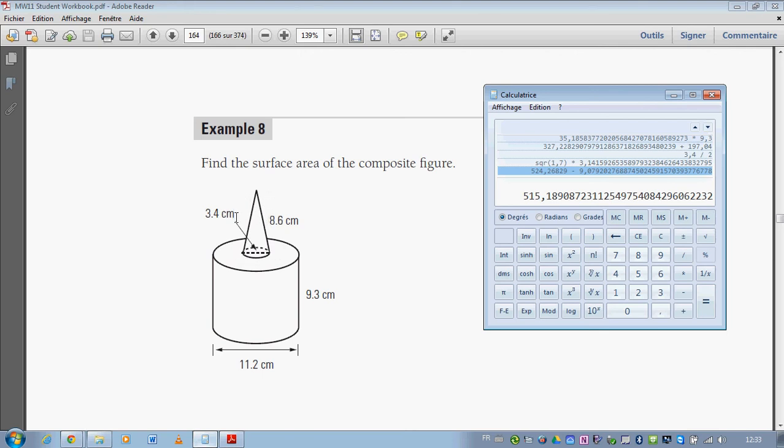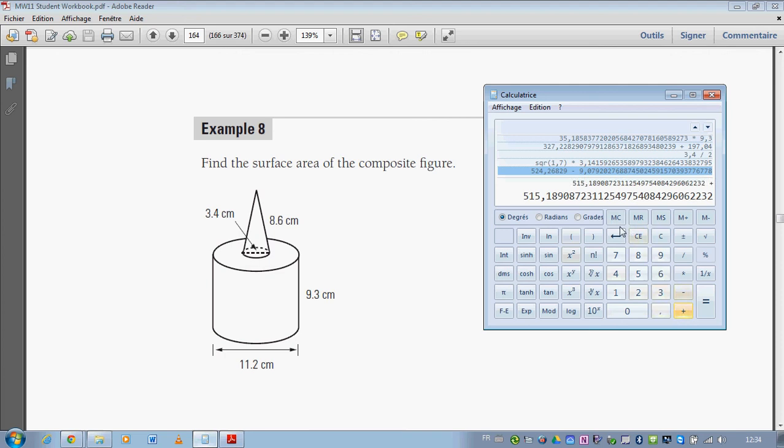The last step is to figure out the lateral area of the cone, which, a reminder again, is pi times the radius, in this instance 1.7, times the slant length. Then you add that to the value we were at so far.